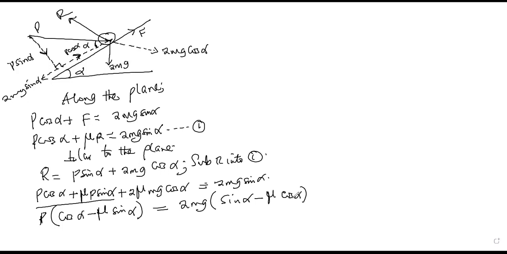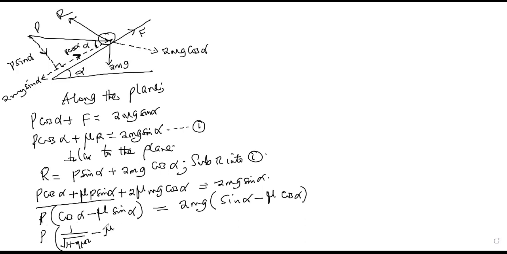Interesting. So I substitute those values of cos alpha as I got them. So it will be P into, we had gotten cos alpha as 1 over root of 1 plus 9 mu squared, minus mu. Then sine alpha, we had said that sine alpha was 3 mu.